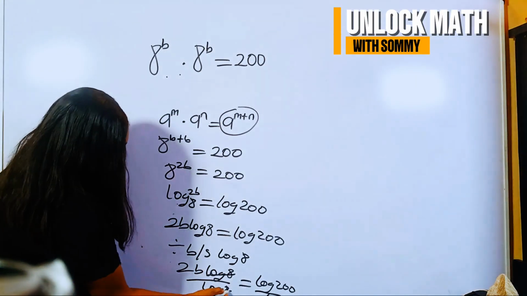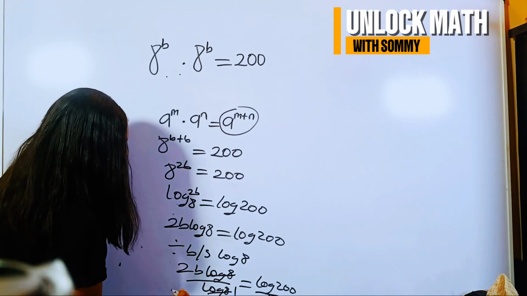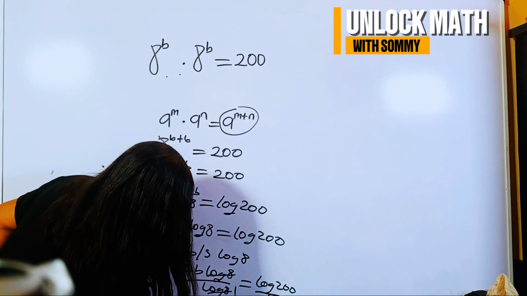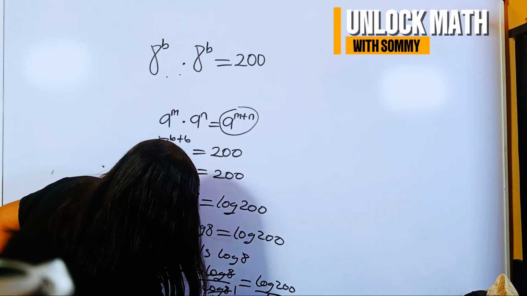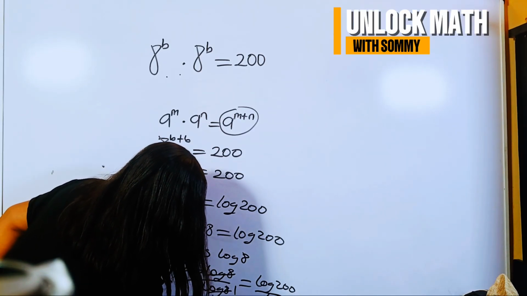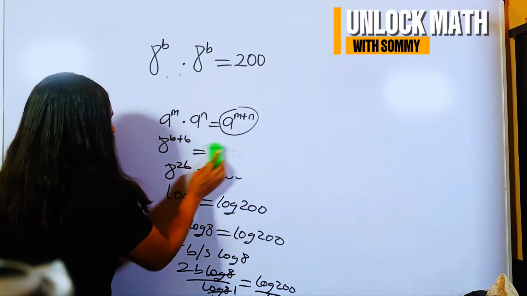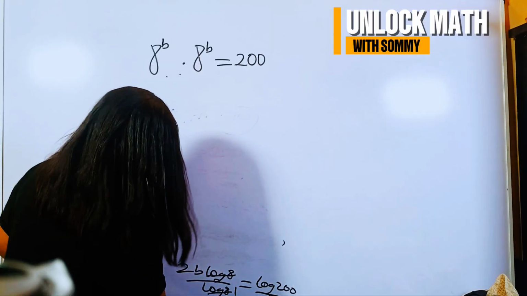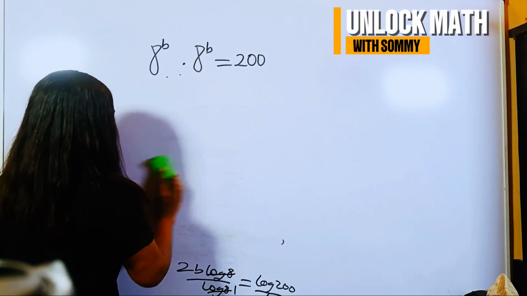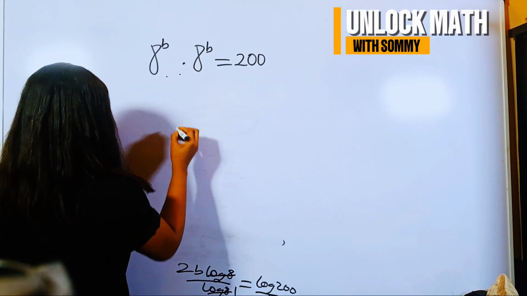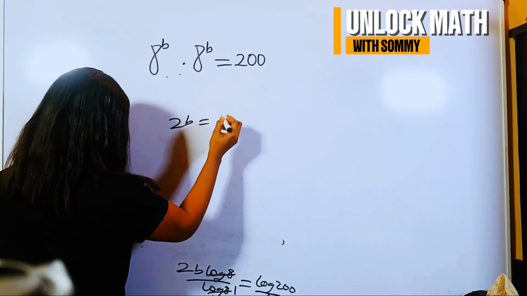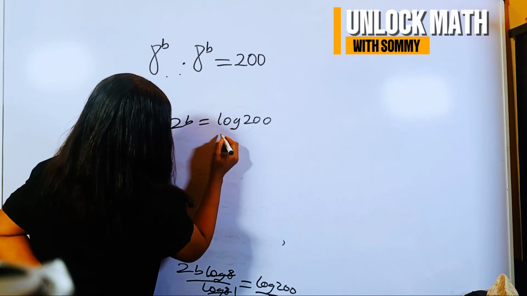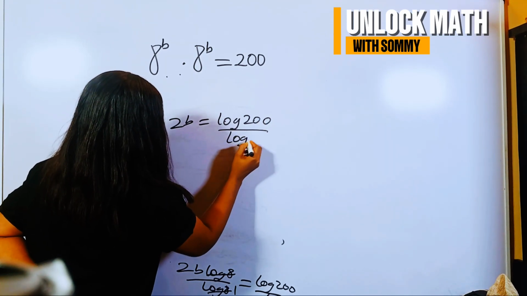When log 8 cancels, we have 1. 2b multiplied by 1 is 2b, which is equal to log 200 over log 8. Therefore, our 2b is equal to log 200 divided by log 8.